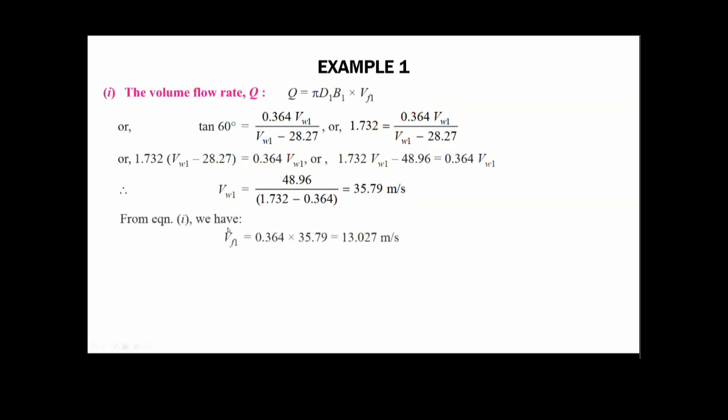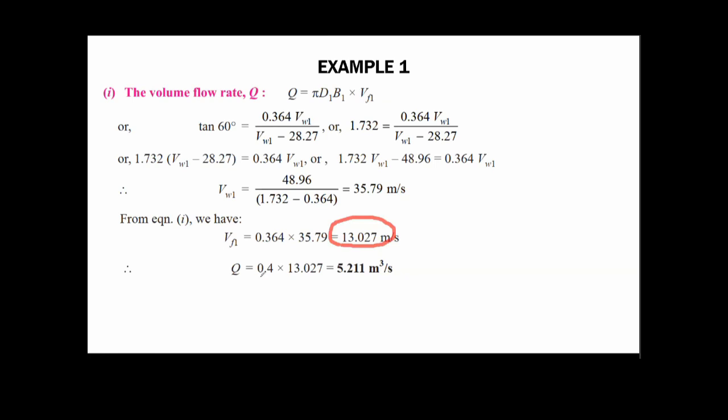From equation 1, now we can calculate VF1, which is 0.364 multiplied by VW1, which is 35.79. We get the value of VF1 equal to 13.027 meter per second.